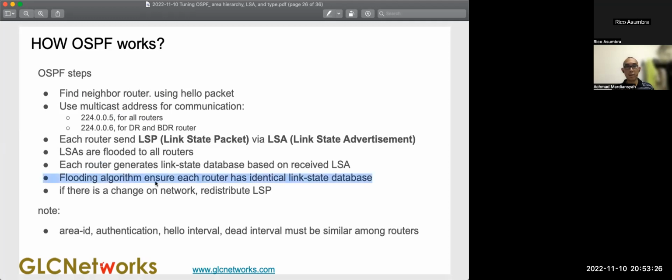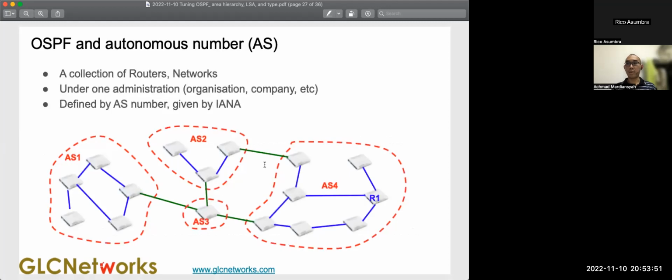Every router gets the updates, and then they develop their own topology. So at least I know the topology. If there is a change in the network, they distribute LSP. And the settings, area ID, authentication, hello interval, must be the same among routers.